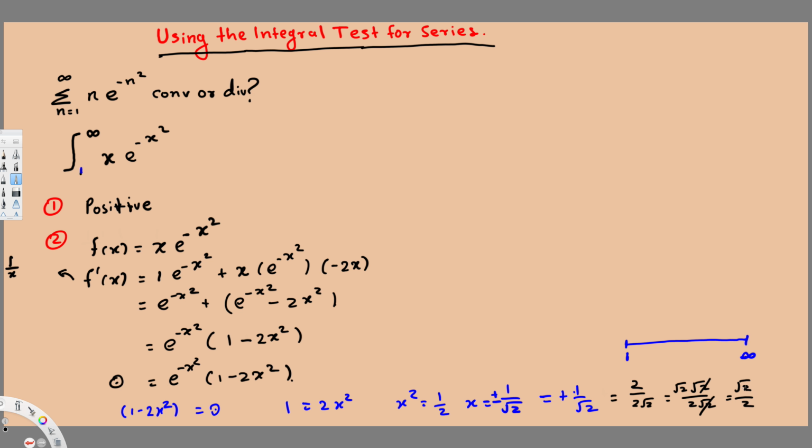So definitely this value is smaller than 2, right? Root 2 divided by 2 is smaller than 2. So if we take a value above it and check whether it is positive or negative, that's going to give us the sign for the whole interval, because we have to know whether we get negative or positive.